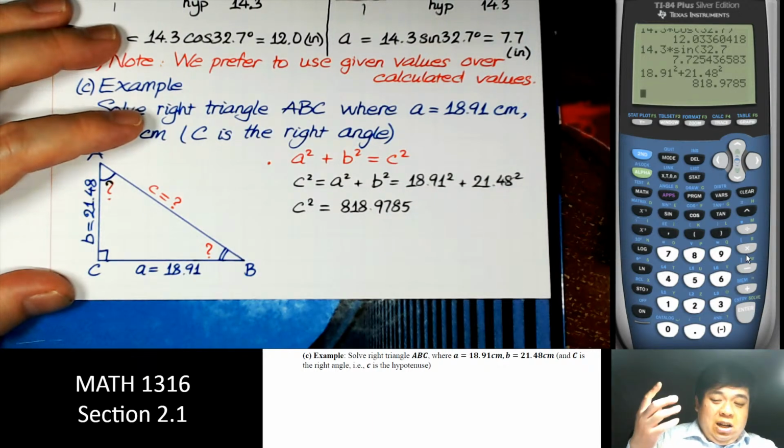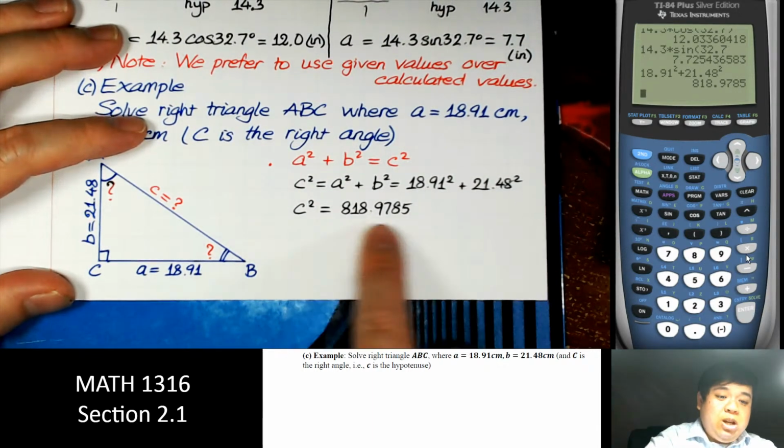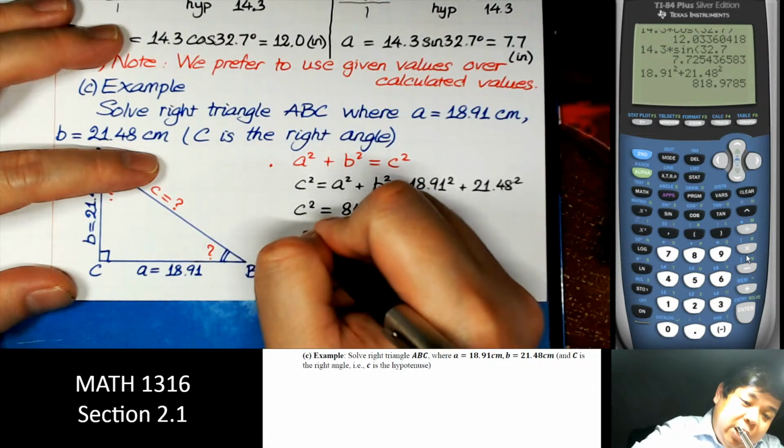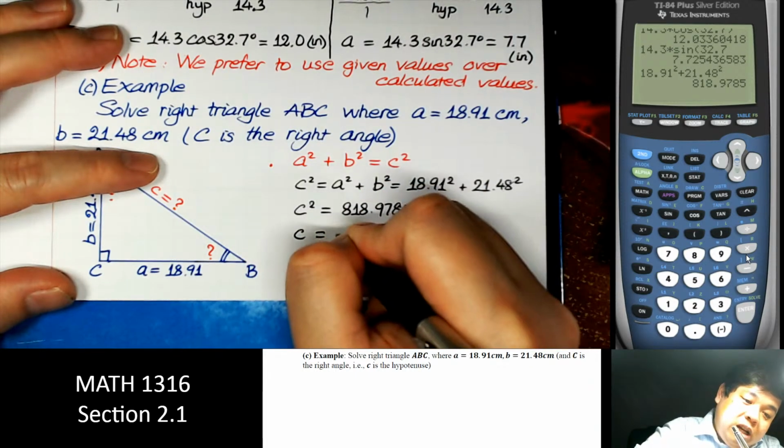If it's not given, we have to take all the decimal places and only round at the end. So we take the square root of that.